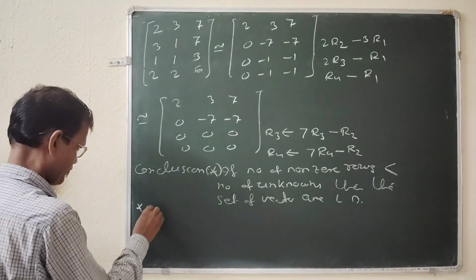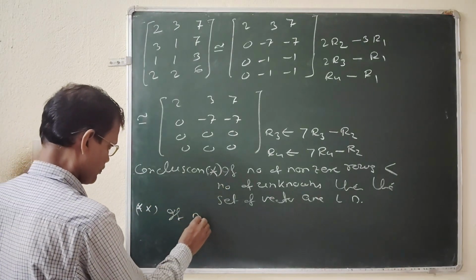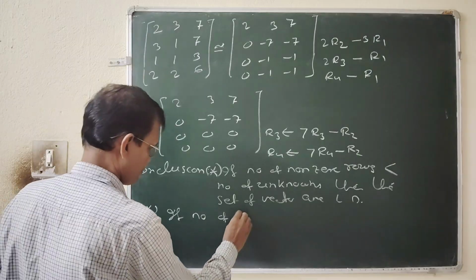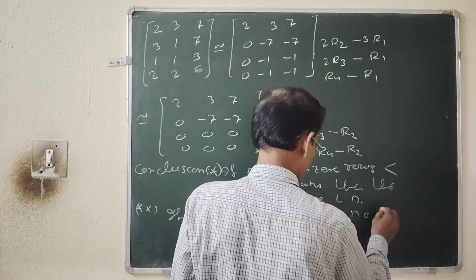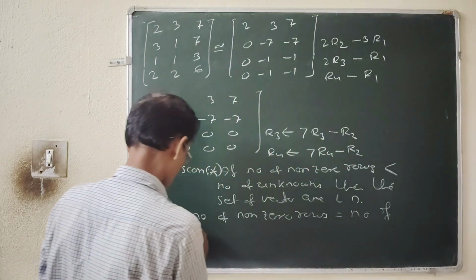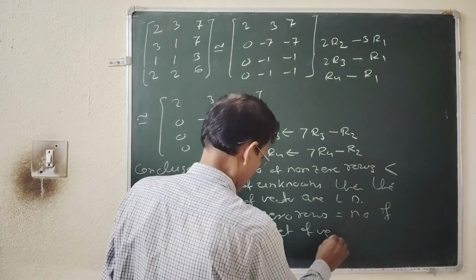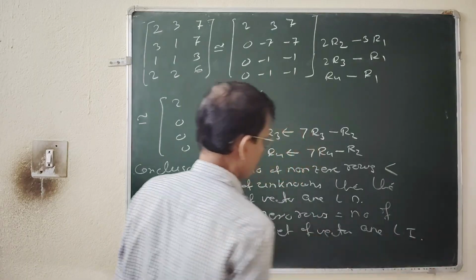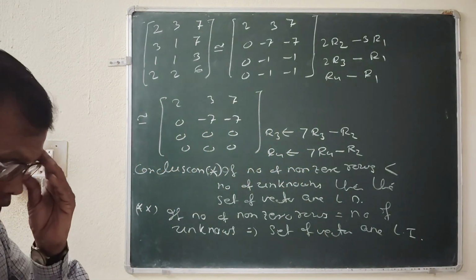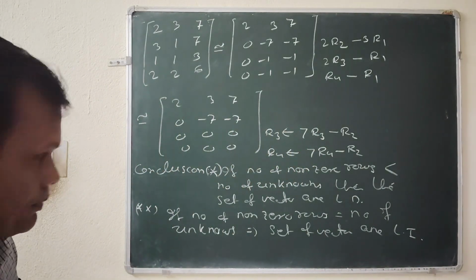Then second, if the number of non-zero rows is equal to the number of unknowns, then the set of vectors is linearly independent. So these two lines you have to remember as a rule or formula.